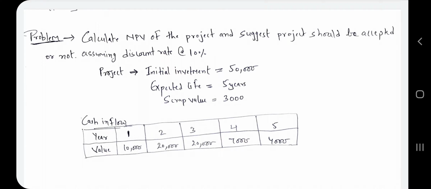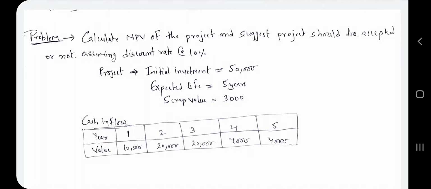In our previous lecture we took one example of a car. Initial investment here was 10 lakh for purchasing a car. Expected life is 5 years, and terminal cash flow is 4 lakh, meaning I sell that car after 5 years for 4 lakh.